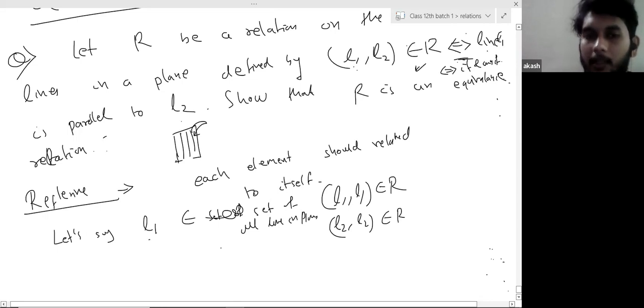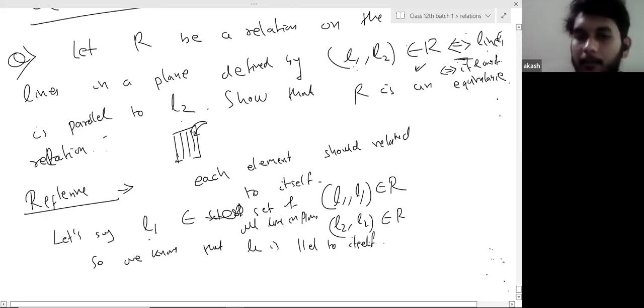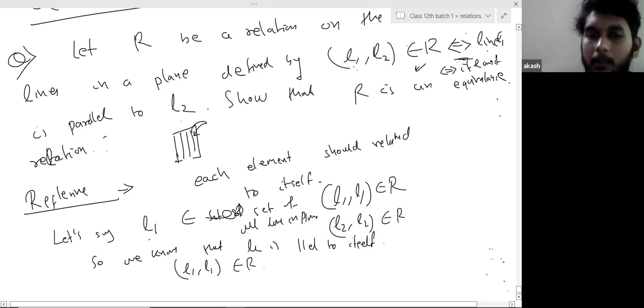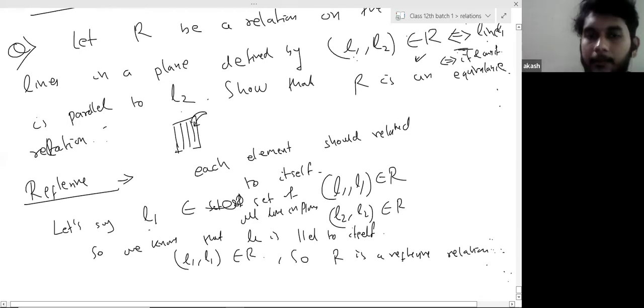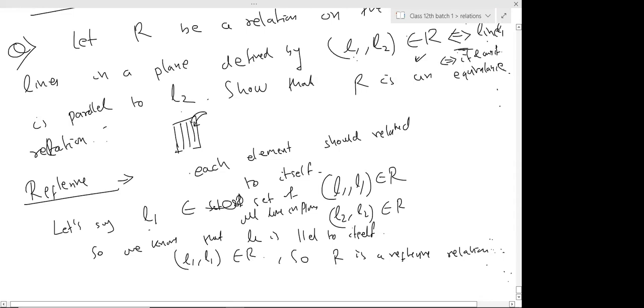Let L1 be a line on that. We know that L1 is parallel to itself. Each line is parallel to itself. So we can say that (L1, L1) belongs to R. So R is reflexive. Is this clear? Yes, sir. So this is the way to write.